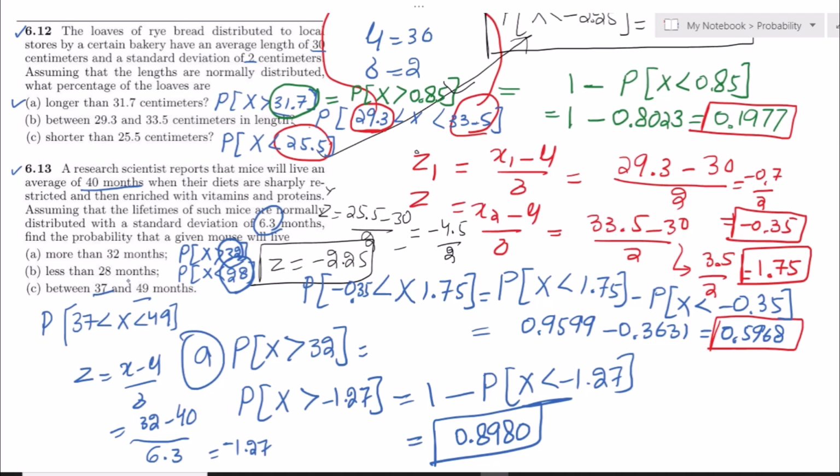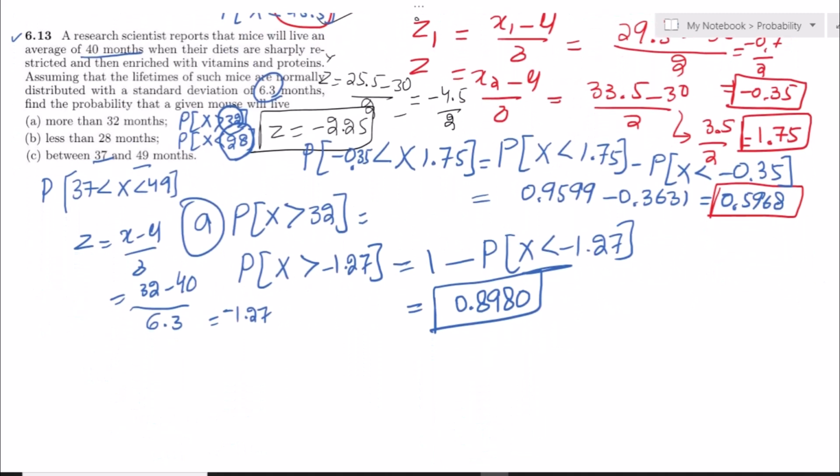Less than 28 months means, let us move down somehow. This is part B, so we need to find the probability that x is less than 28 months. So let me find the value for Z here.